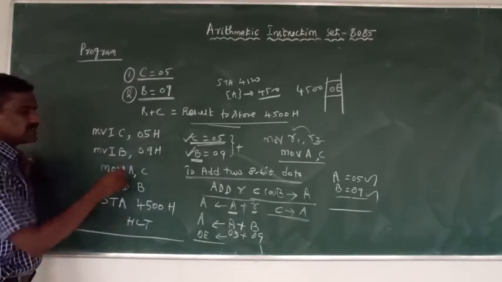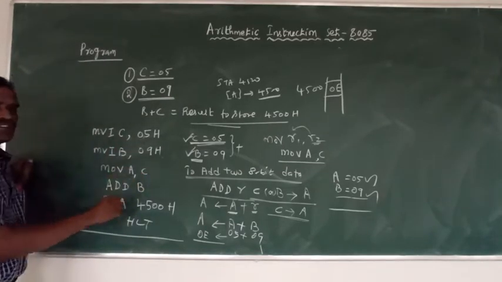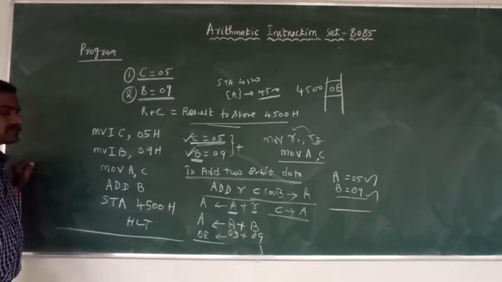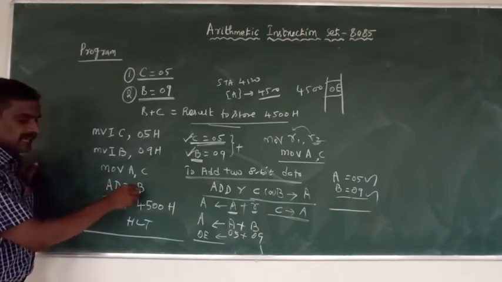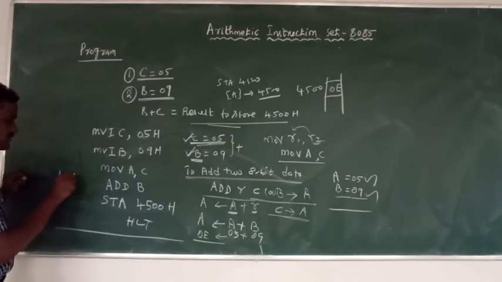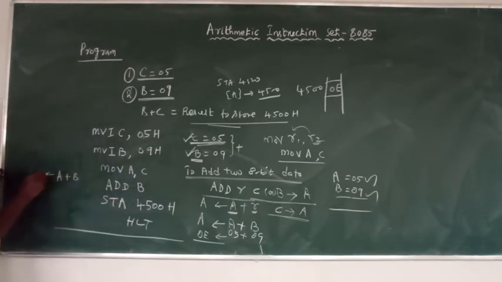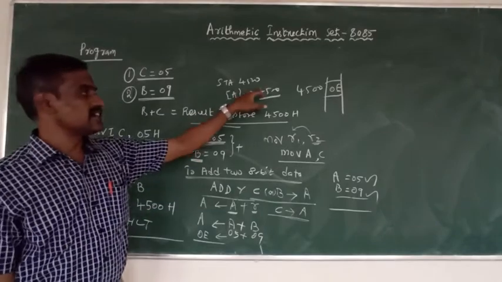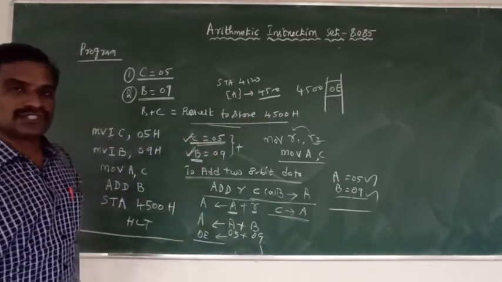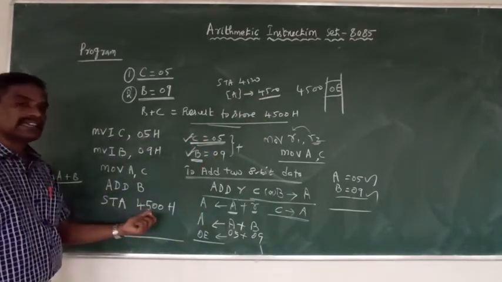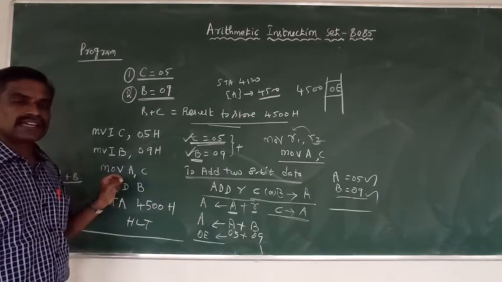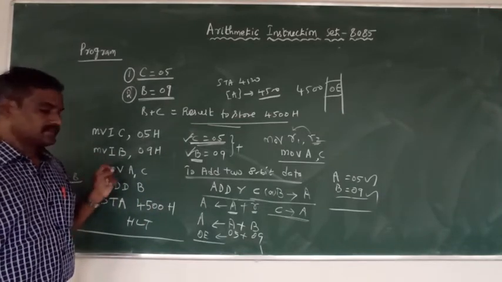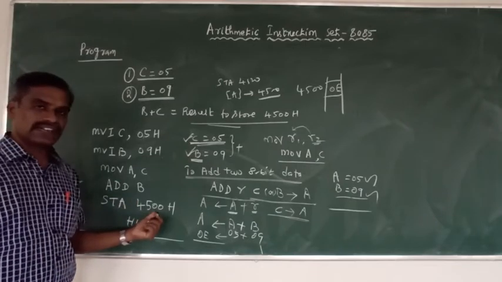The C register data we move to the accumulator. Next, ADD B means add accumulator plus B register, and the result is stored in the accumulator. Now the result is available in the accumulator, and we store it at address location 4500. For that you can use the STA instruction, which stores the accumulator content to the given address.